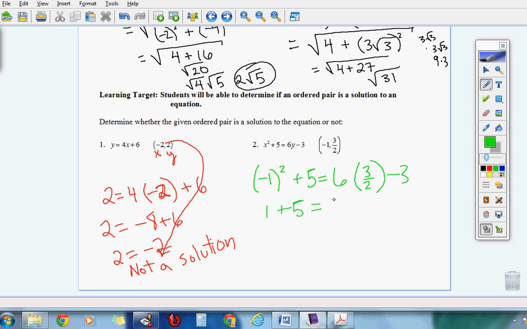And is that equal to, well, this here, it's really 6 over 1. So 6 over 2 would be 3 over 1. That would really be 9 minus 3. So it looks like we're getting 6 equals 6. So yes, a solution, because we came out to an answer that was true.